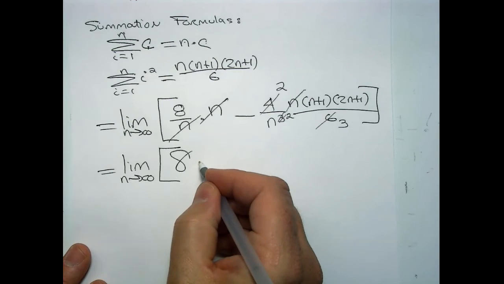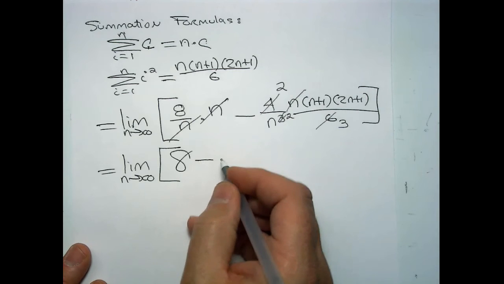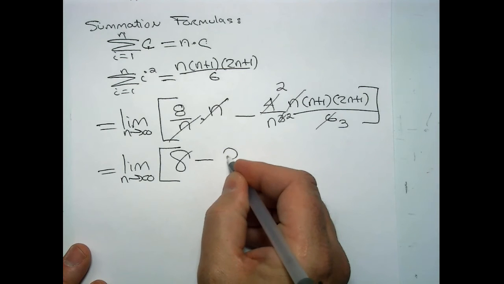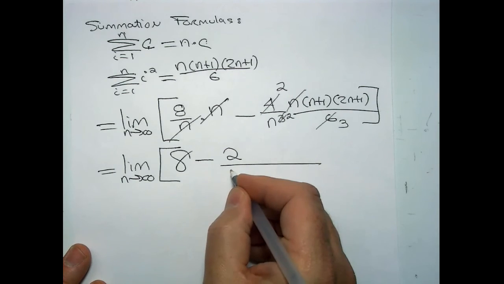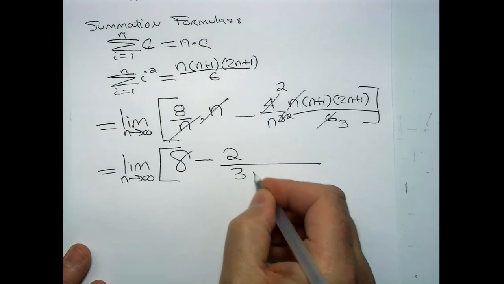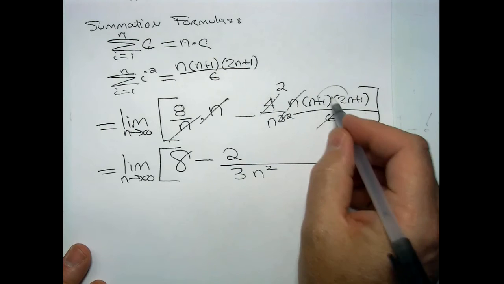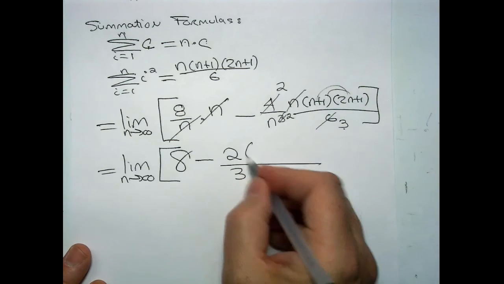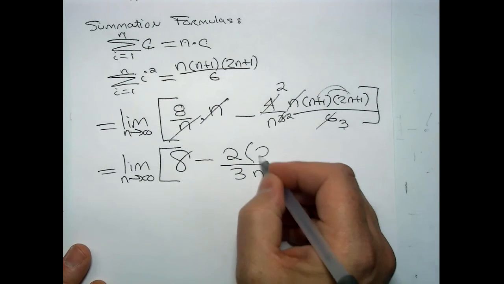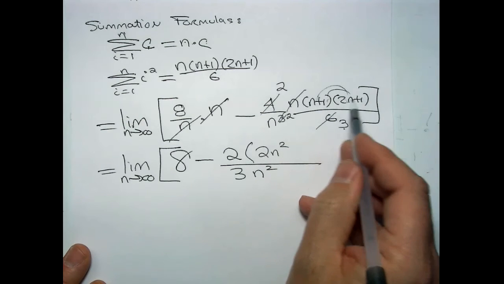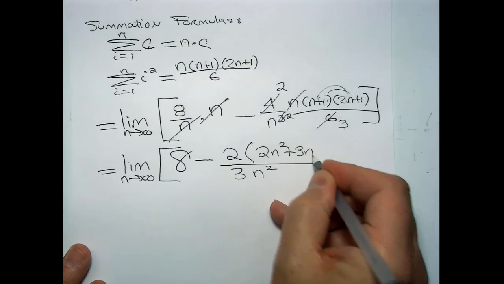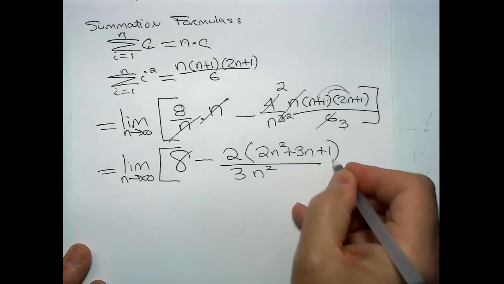And what I'm getting over here is minus 2 over 3n squared. See, that's what's left. There's my 2. And I'd like you to FOIL this thing out up here to see what really we have. So I have 2n squared. I have a 2n and a 1n. That's 3n. And I have a 1 times 1, which is 1.